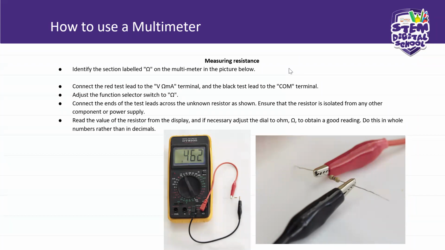Okay? Tando, to measure resistance, you can use the color codes and the multimeter. So the multimeter is one tool that can measure voltage, current, and resistance. Okay.